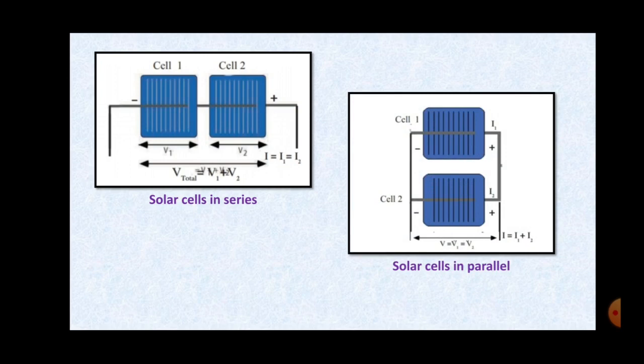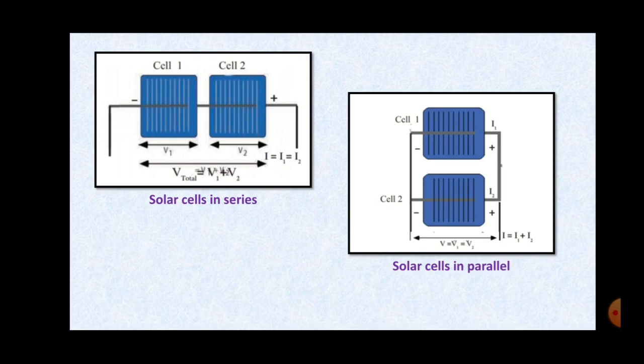So when the solar cells are connected in series, the potential difference obtained from this combination is the addition of the potential difference of individual solar cells, right? That is, the total potential difference is equal to the addition of potential differences of individual solar cells. But the current generated from this combination is equal to the current from an individual cell.